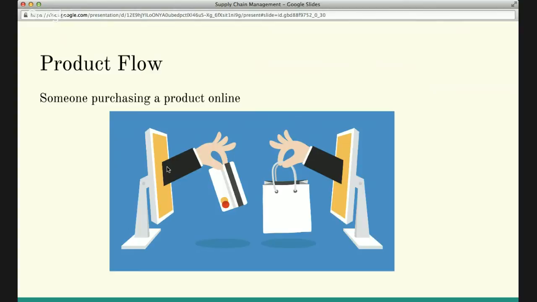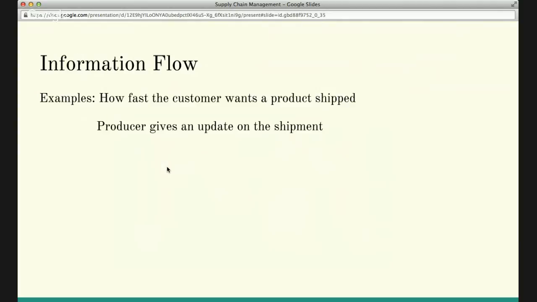So the first flow is the product flow, and this is the part where someone orders a product online. The second one is the information flow.